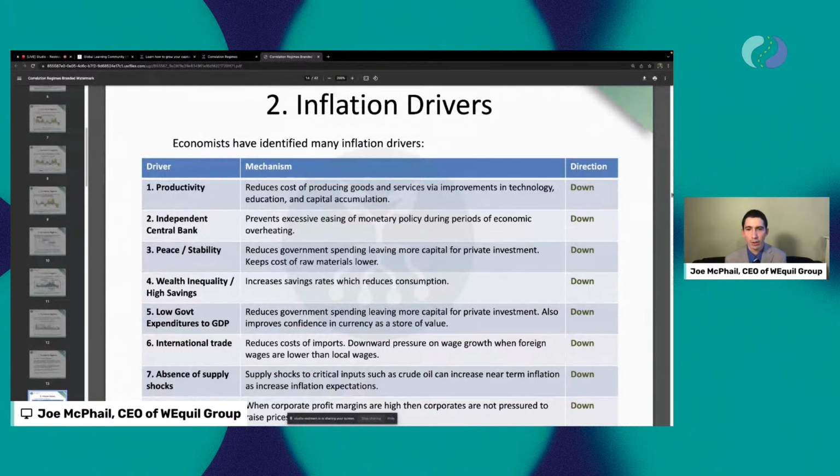So are central banks generally able to make independent decisions as opposed to, say, being under the influence of governments? Peace and stability would be another key factor. So if the world is peaceful and stable, then you tend to see a lack of disruptions, like supply chain disruptions, like we saw in the trade war that we were having in 2018.